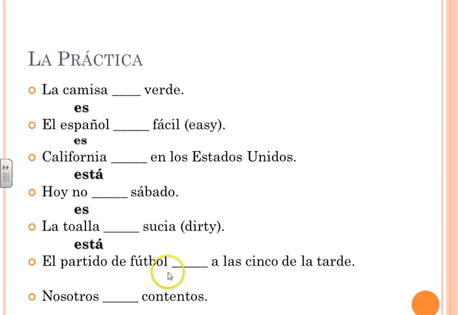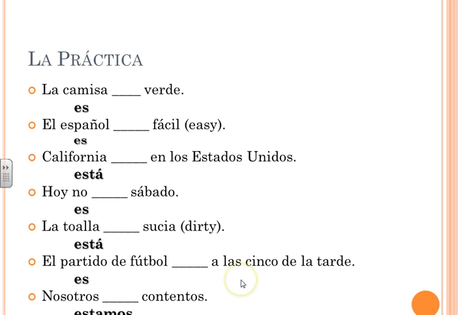El partido de fútbol blank a las 5 de la tarde. So the soccer game is at 5 in the afternoon. We know that time and date both require the verb ser. And then finally, nosotros blank contentos. We are happy. The are that we need is the verb estar, estamos, conjugated for nosotros.